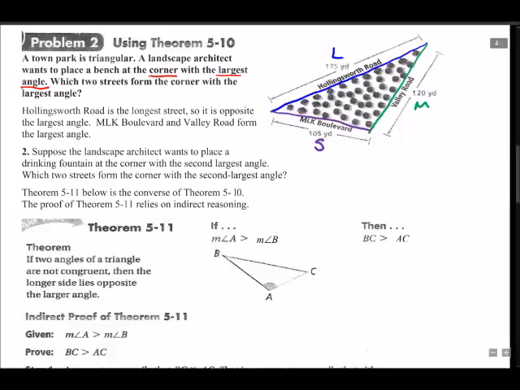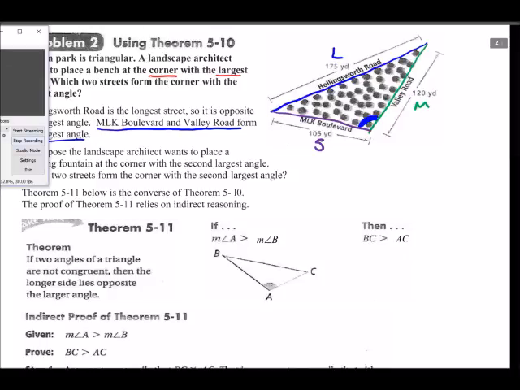The largest angle is opposite the largest side, so our largest angle is going to be over here. The two streets that make up that angle are MLK Boulevard and Valley Road. All right, pause the video and look at the next one.